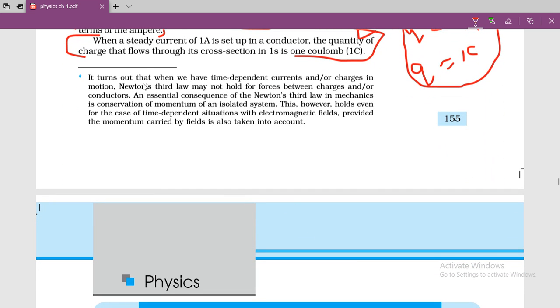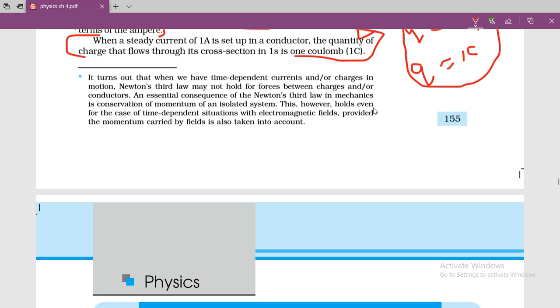It turns out that when we have time dependent current and a change in motion, Newton's third law may not hold for forces between charges and our conductors. An essential consequence of Newton's third law in mechanics is conservation of momentum of an isolated system.